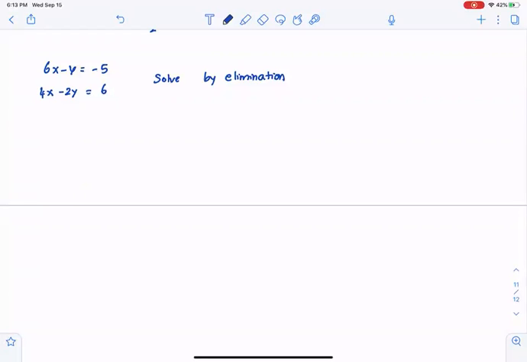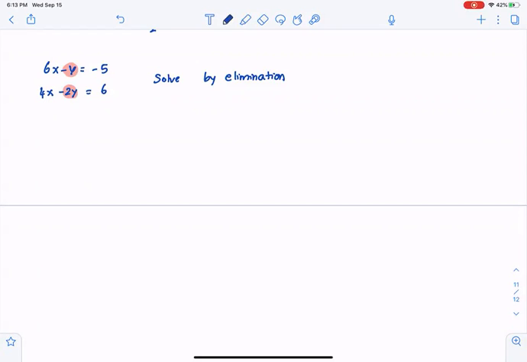What I'm going to do is I need to find a common factor to get rid of. You can either pick x or you can pick y. Just by looking at this system of equations, for me, y is easier.